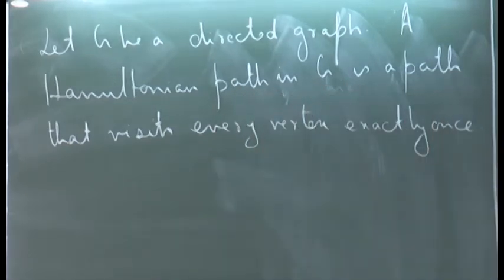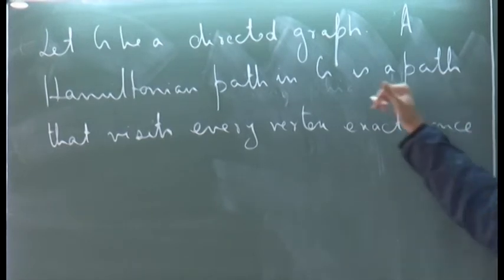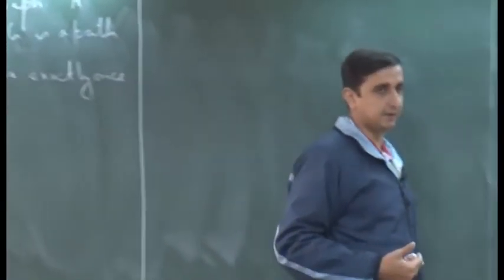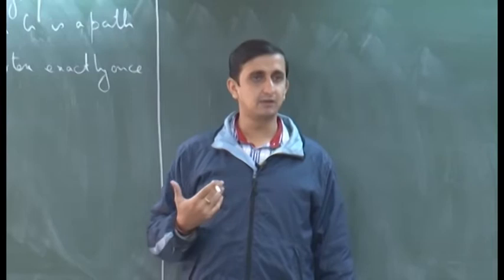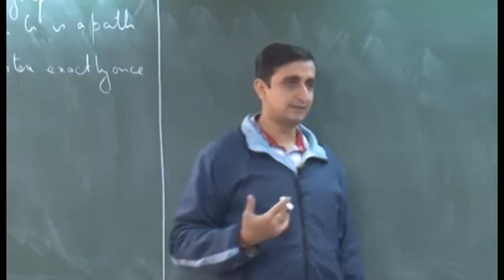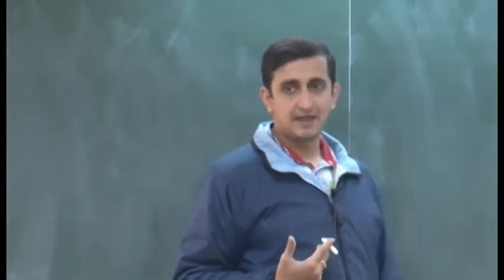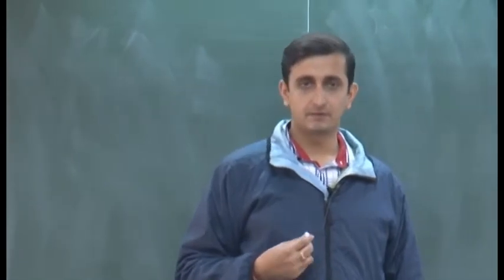Okay. So, in other words, when I say path in a directed graph, it means a directed path, and since it visits every vertex exactly once, what it means is that the length of the path, if you count the number of edges, is n minus 1, right.